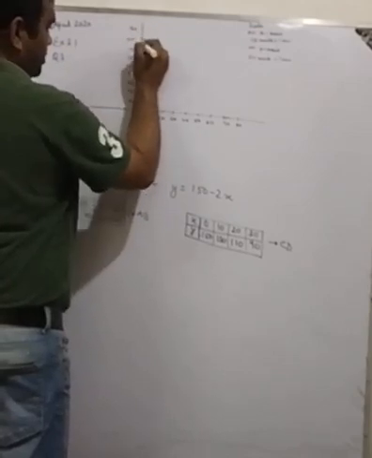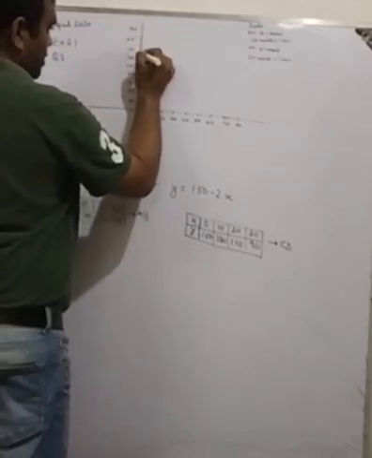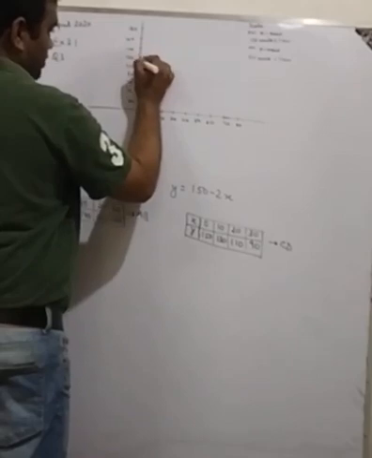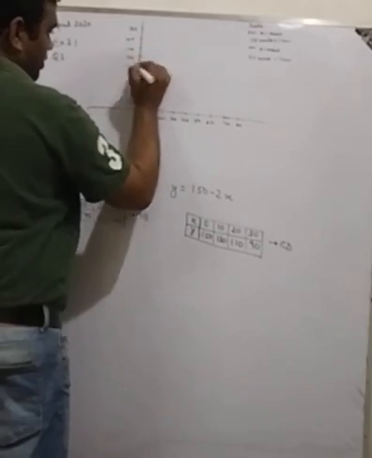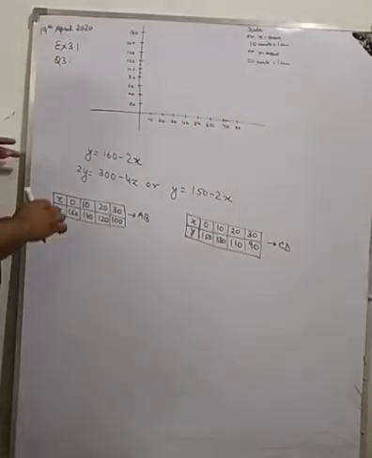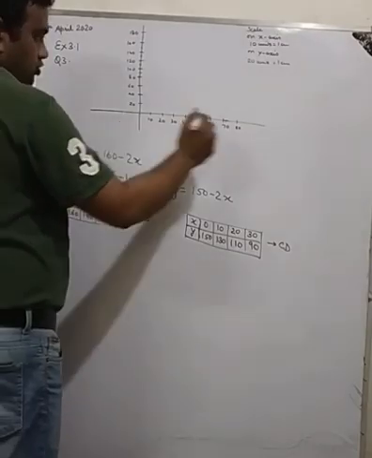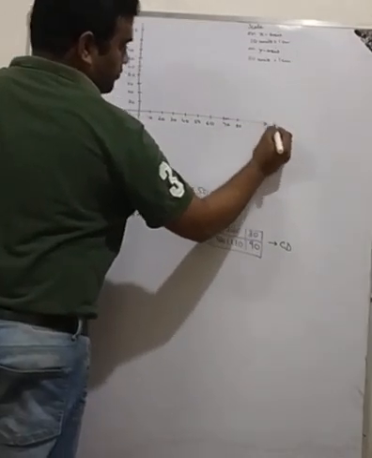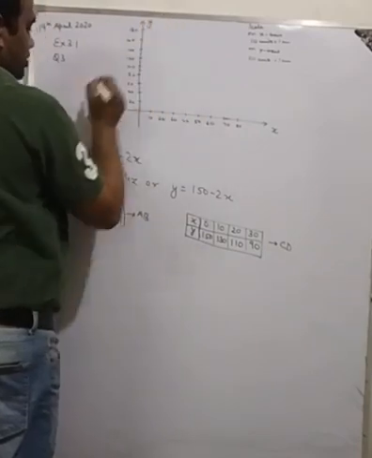Now in between this there are 150, 130, 110, 90. So the first point is at x is equal to 0, this is my x and this is my y.